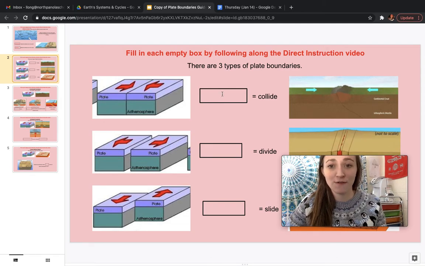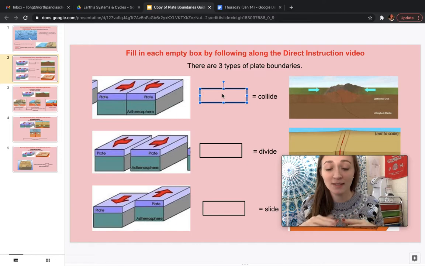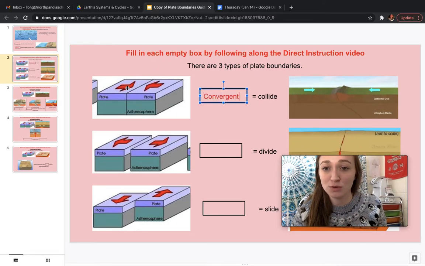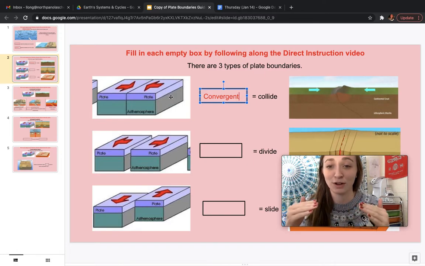First, if you have two plates coming together, that's going to be your convergent boundary. We're going to use arrows to demonstrate the way the plates are moving. When you see two arrows pointing toward each other, that means the plates are colliding, so they're converging.